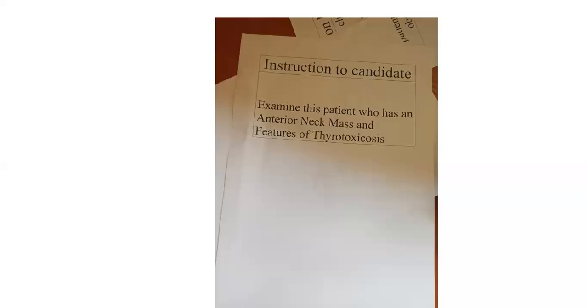Then you ask the patient to open their mouth and bring out their tongue, and you check if the swelling moves with the tongue protrusion or not. For example, a goiter does not move, so you can tell that it's not a goiter if it moves.